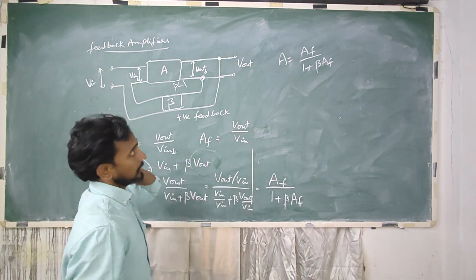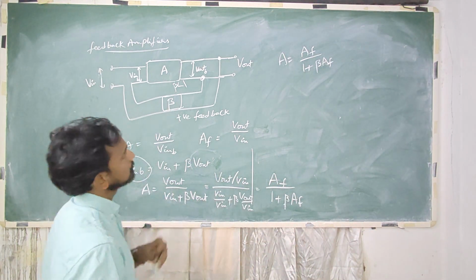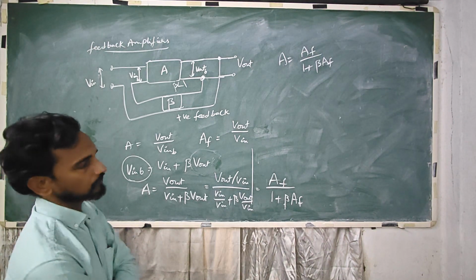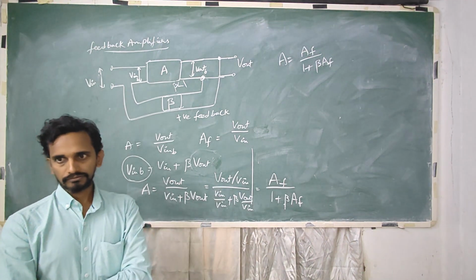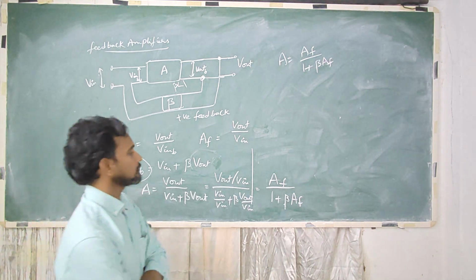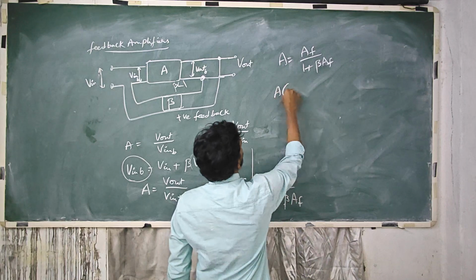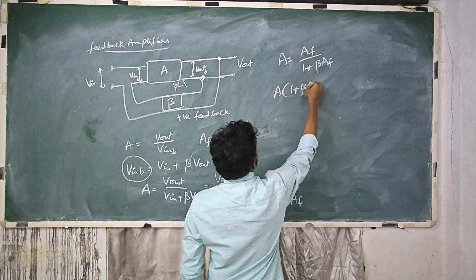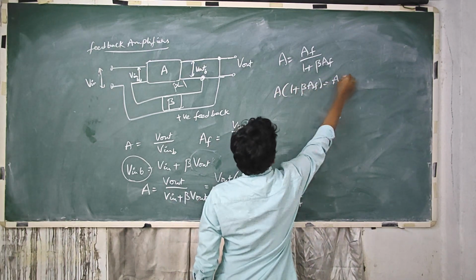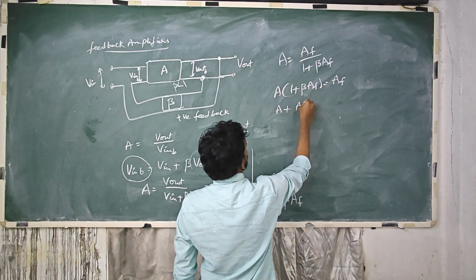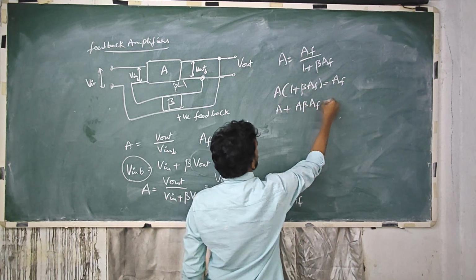So if I rearrange it, I need to get the value of AF. How to get that? A into 1 plus beta times AF is equal to AF. A plus A beta times AF is equal to AF.